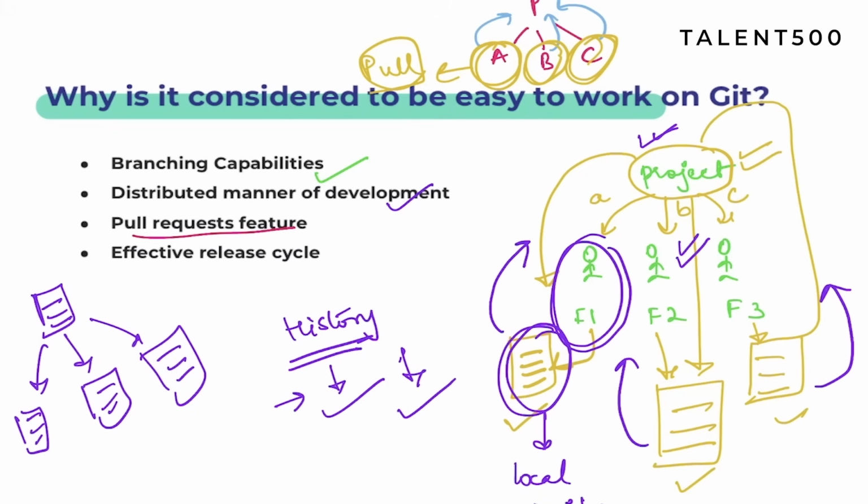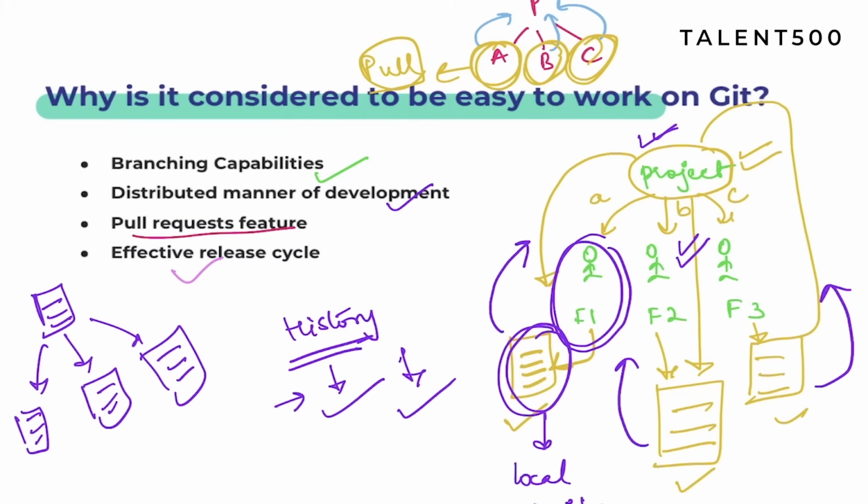Now, after this, the next one which we have is effective release cycle. So what does it mean? When you talk about any project, of course it is going to have lots of features. Git is going to help us increase the speed of the release cycle.